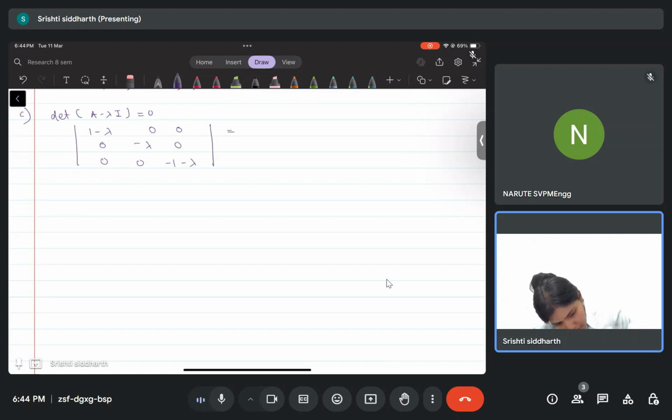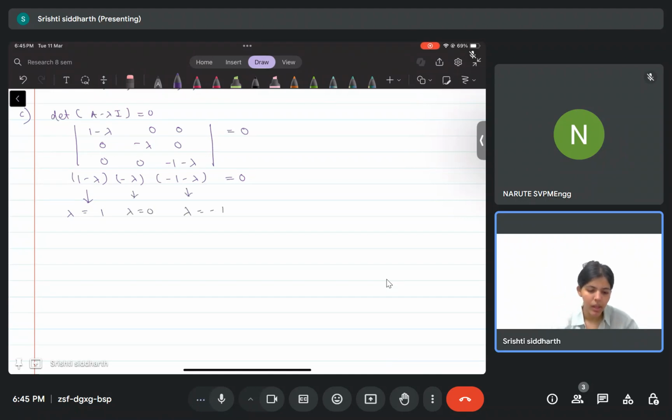So this is easy to solve now because this is just a diagonal matrix. The characteristic equation is simply this. So this implies lambda equals 1, lambda equals 0, and lambda equals minus 1. Now we need to find the eigenvectors associated with each eigenvalue.